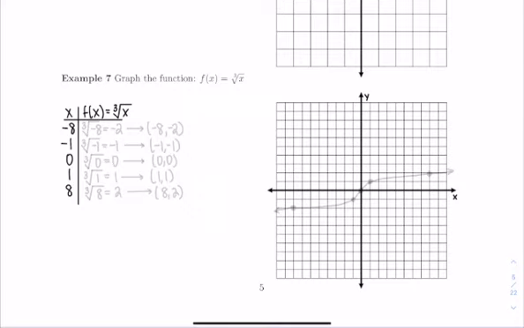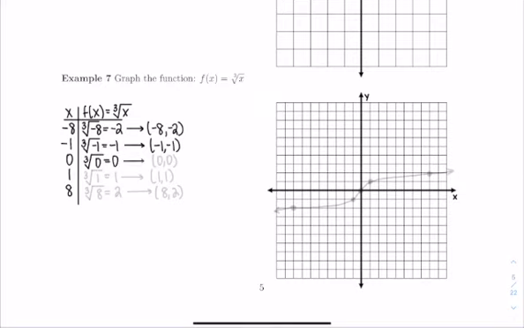So for negative 8, we have the cube root of negative 8, which is going to give me negative 2. And so I have the point negative 8, negative 2. For negative 1, we have the cube root of negative 1, which is negative 1. So we get the point negative 1, negative 1. For 0, we have the cube root of 0, which is just 0.